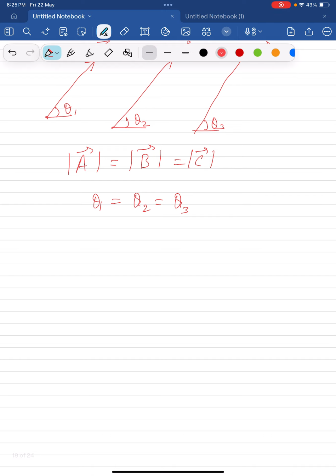The next type of vector is the negative vector. Suppose there is a vector A of magnitude A and direction at an angle theta with the positive x-axis.